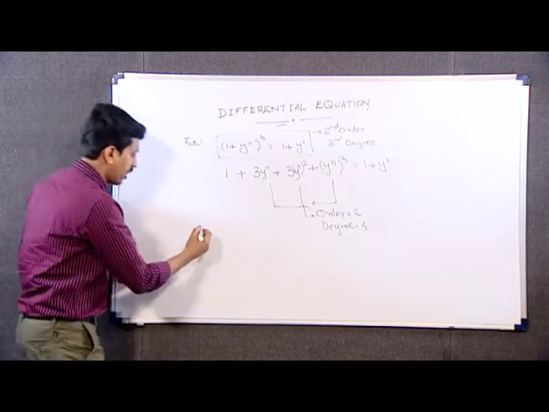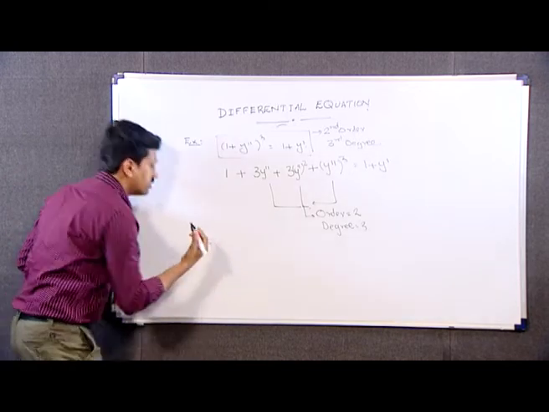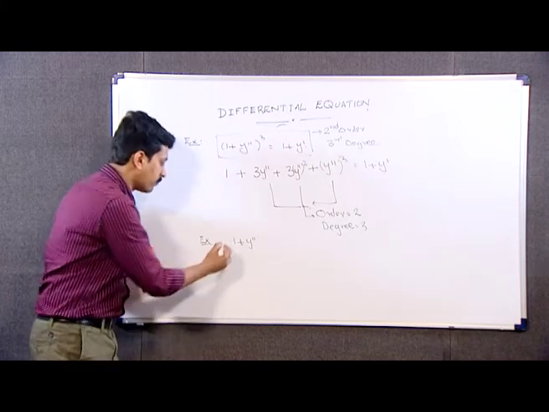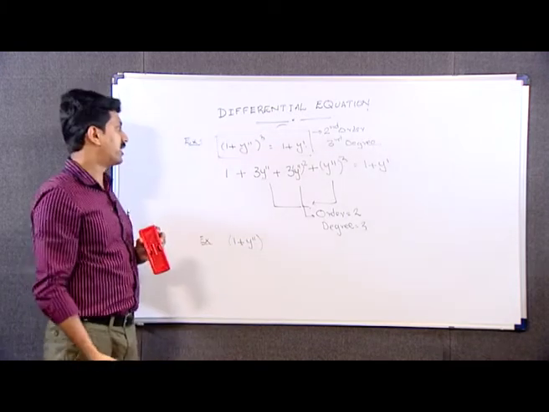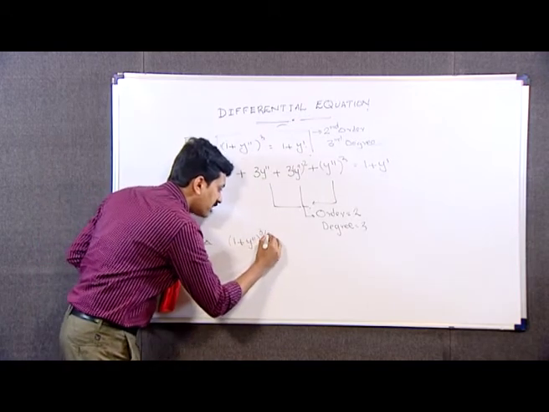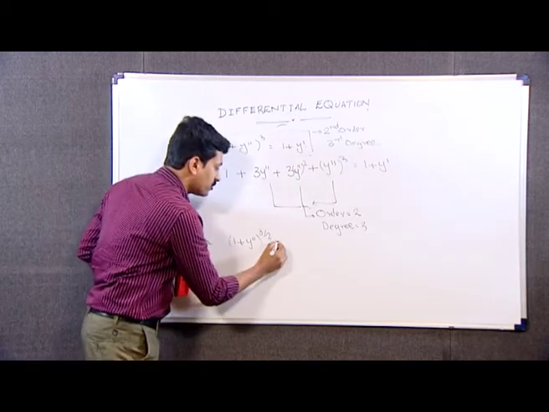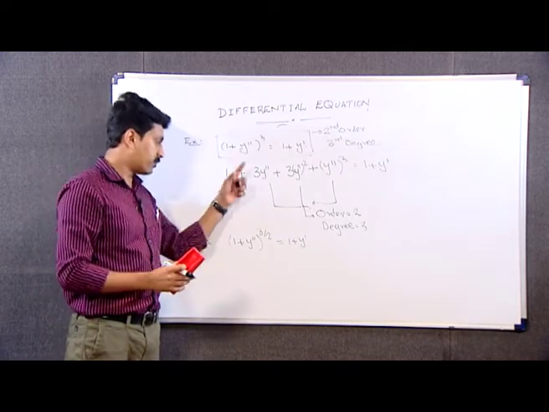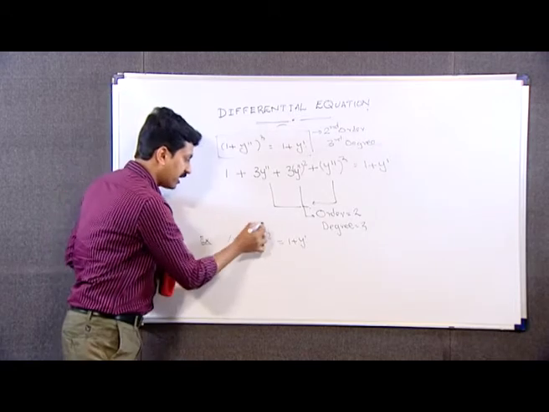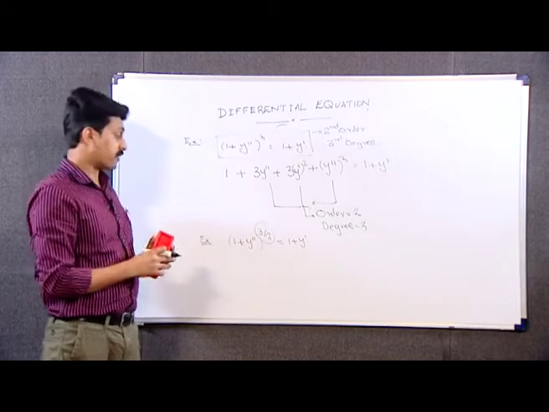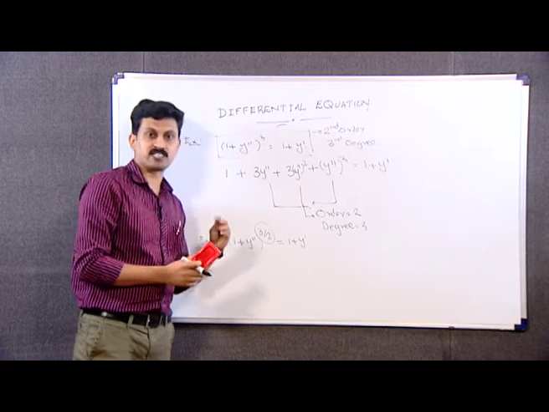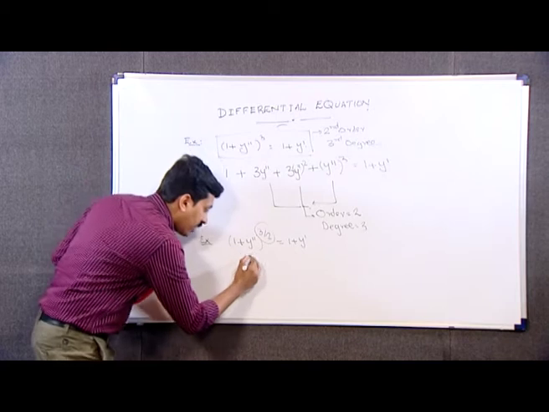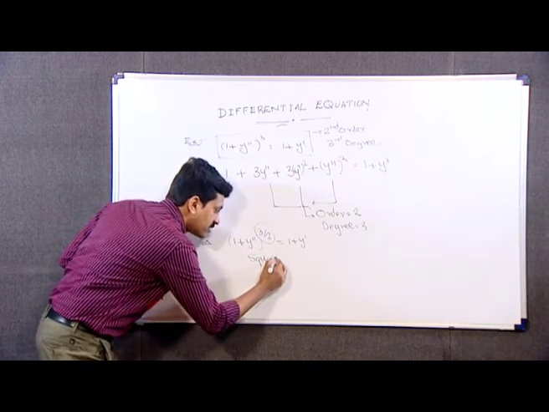In a similar way, I am moving to one more example. Same question, I am changing the powers: (1 + y'')^(3/2) = 1 + y'. As in the previous examples, here we have a rational power. Firstly, our aim is to remove the rational power. The denominator of the rational power is 2, that is why we are squaring both sides.